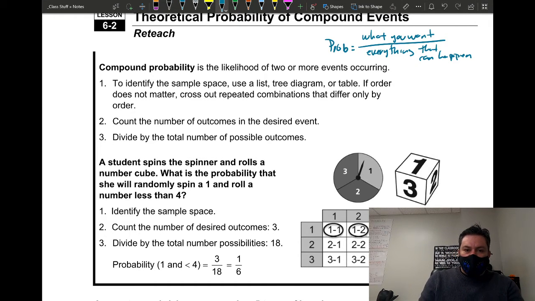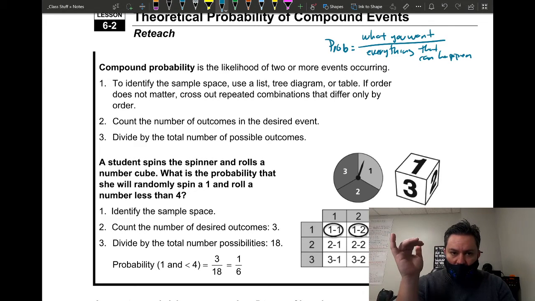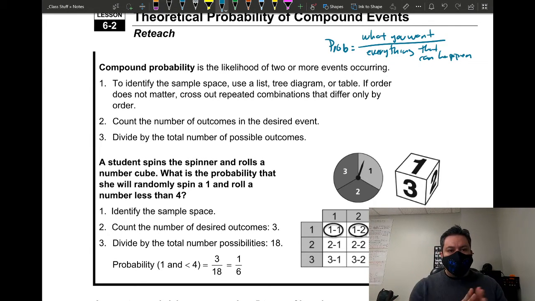So basically, to find the probability of one thing, whatever they're asking you goes on top, the part, and the total is everything that can happen. It's just part over total. Now it says, number 3, divide by the total number of possible outcomes. That's what I just have in the formula.